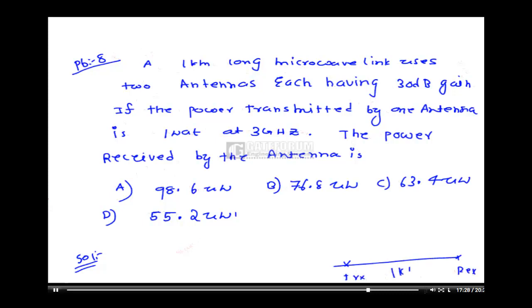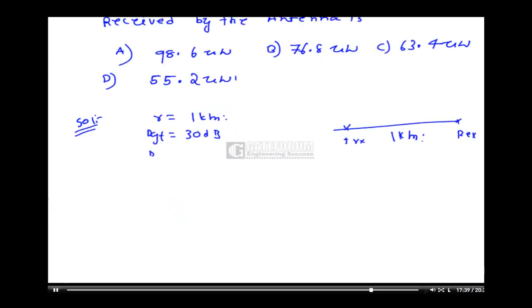The distance is 1 kilometer, so R is equal to 1 kilometer. The gains are DZT equal to 30 dB and DZR equal to 30 dB. The power transmitted by one antenna is 1 watt, so PT is equal to 1 watt at 3 gigahertz, so F is equal to 3 gigahertz.